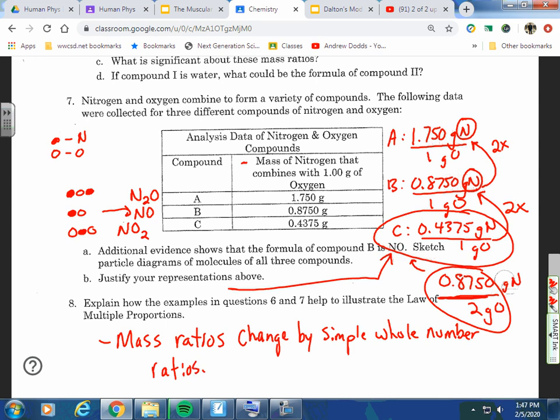These mass ratios change by simple whole number factors or ratios. So going from here to here, twice as big. Here to here, twice as big. Because all we're changing is the amount of one element. So that's always going to be some simple whole number. All right, and that's worksheet 4.